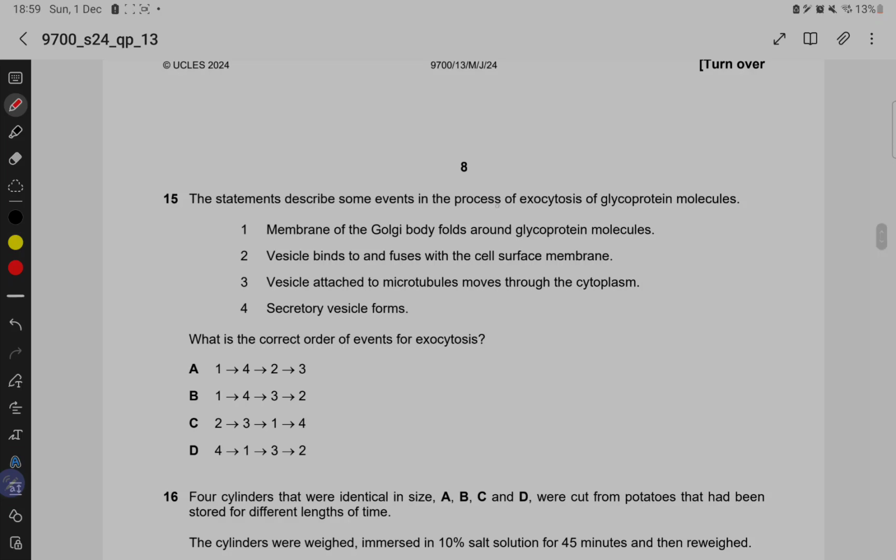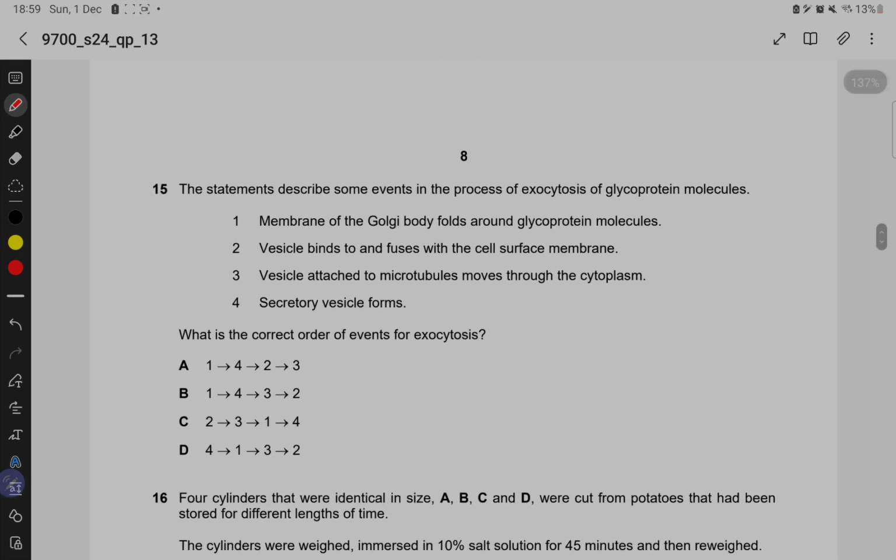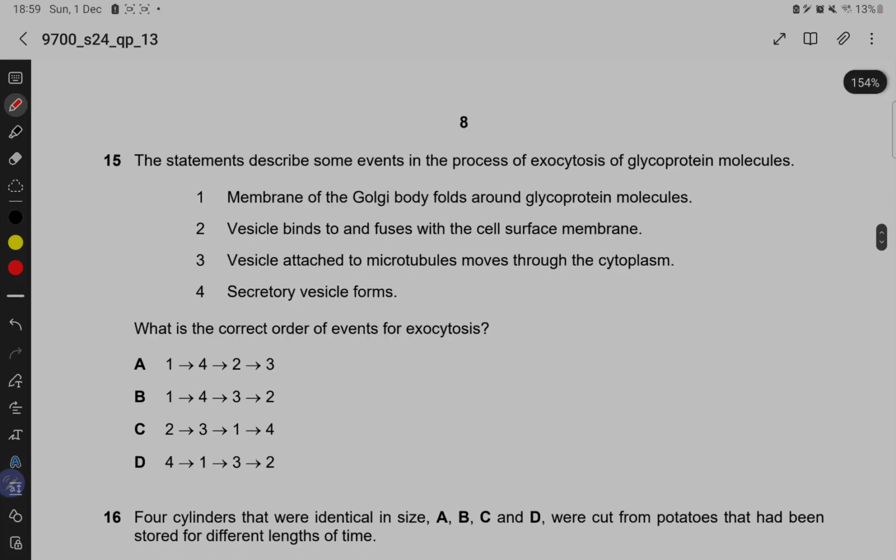Statements describe some events in the process of exocytosis. So, you're going to have something like this, SER, come a vesicle, and it'll move to the cell membrane, then it'll fuse, then it'll release whatever is inside.